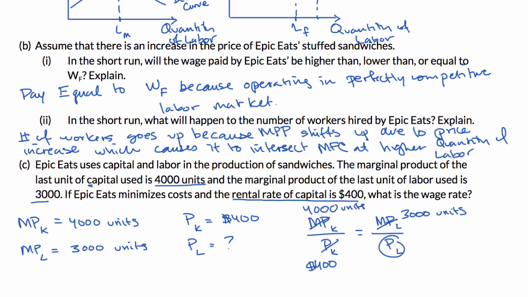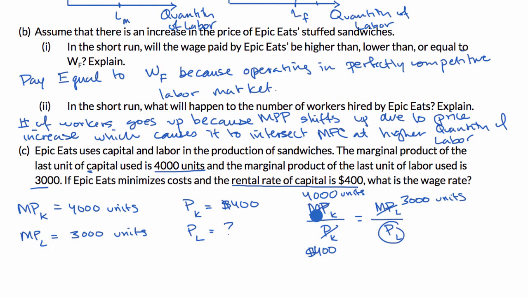So 10 units per dollar is going to be equal to 3,000 units divided by the price of labor.